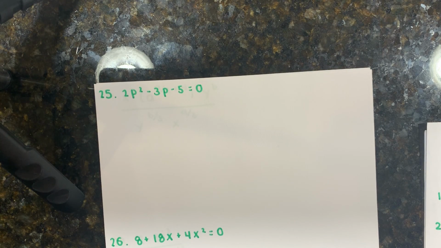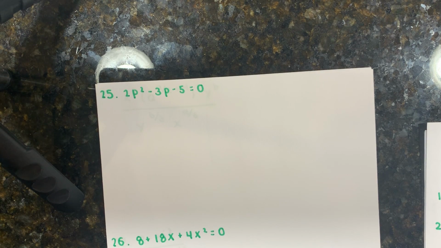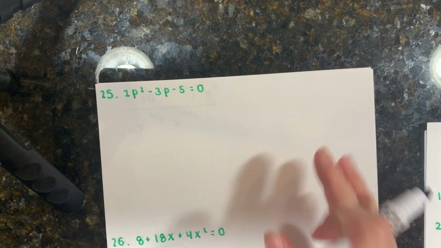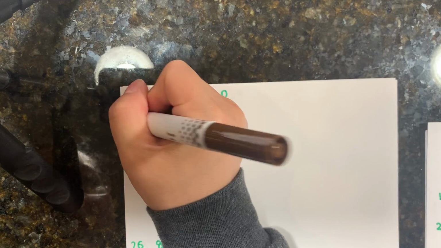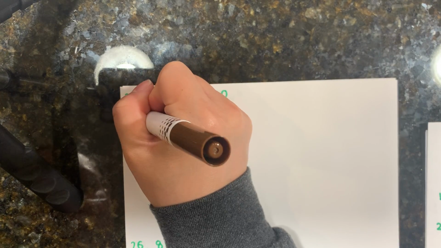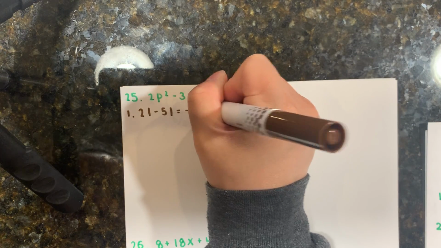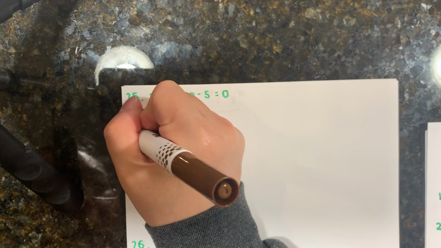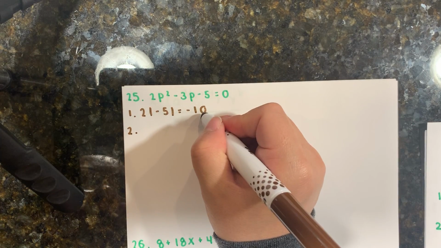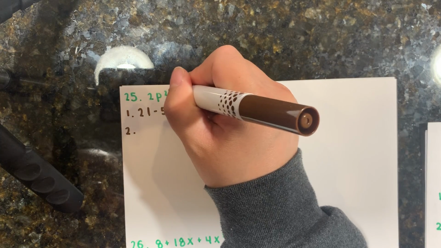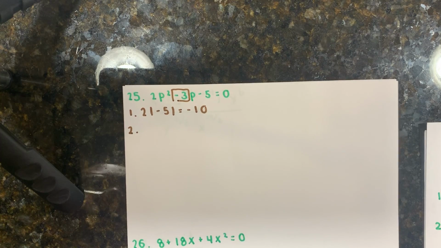Now moving on to number 25. For number 25, it's already in descending order. I'm going to start by multiplying my first term times the last term. So I have 2 times negative 5, which gives me negative 10. I need to find two numbers that multiply to give me negative 10, but add up to give me negative 3.